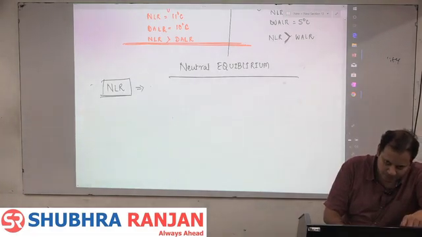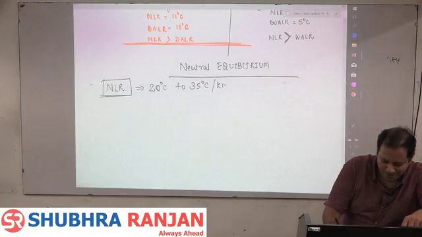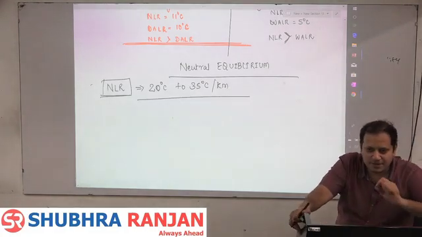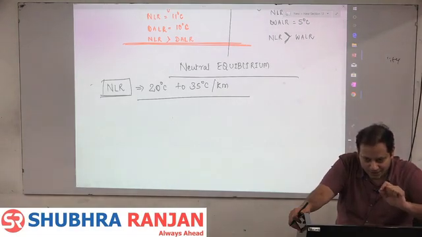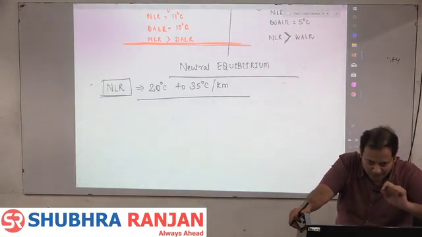Around 20 degrees Celsius to 35 degrees Celsius per kilometer. Remember, it is never fixed at 6.5.